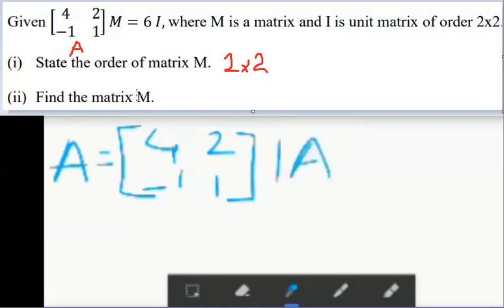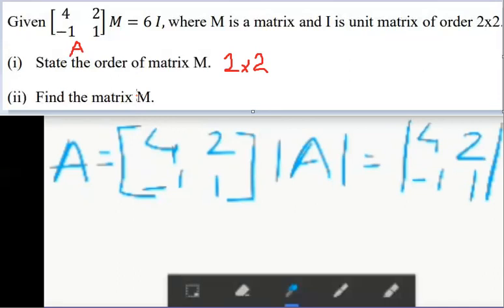The determinant of A is the determinant of [4, -1; 2, 1]. So it is 4 multiplied by 1, which is 4, minus negative 1 times 2, that's minus negative 2, so that's a plus 2. So the determinant is 4 plus 2, which equals 6. Since the determinant is non-zero, the inverse exists.